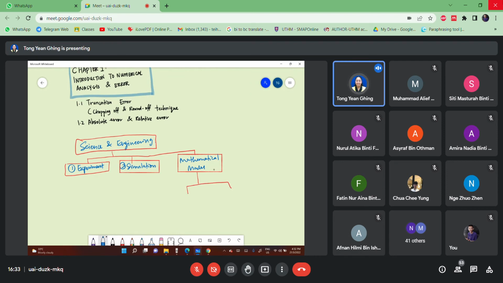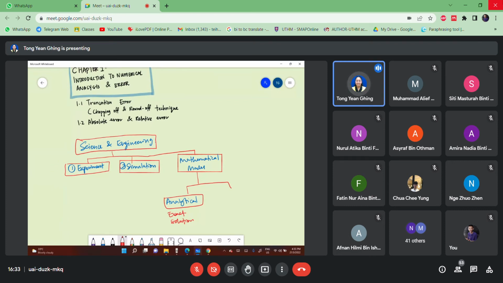The first one is analytical. In this analytical, you can get the true value, the exact solutions. This one you already learned in your previous math, that is calculus and engineering mathematics. When you do the integration, you get the answer.